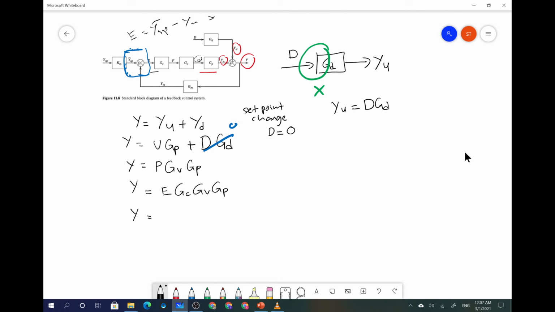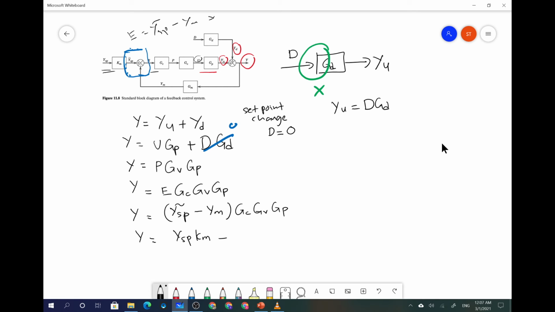So continue. Just substitute Y sp internal minus Ym. Copy back everything, Gv and Gp. Again, what is Y sp internal? It is this one, Y sp.